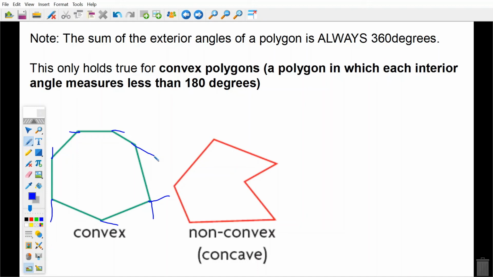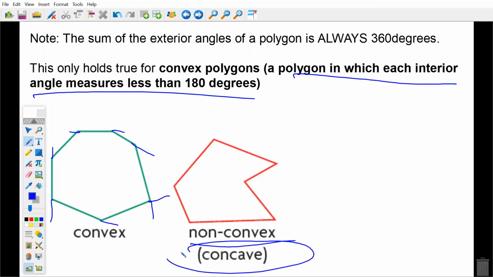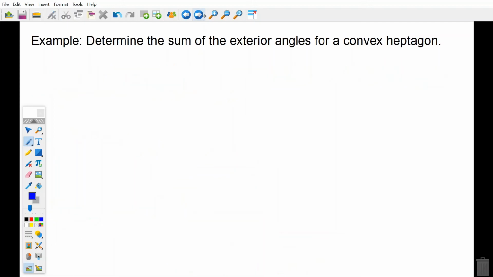Now, this only holds true for convex polygons in which each angle measure is less than 180 degrees, which is the case here. The opposite of a convex polygon is non-convex or concave, and that will have angle measurements of more than 180 degrees. It doesn't hold true for that, but we don't really deal with a lot of those.